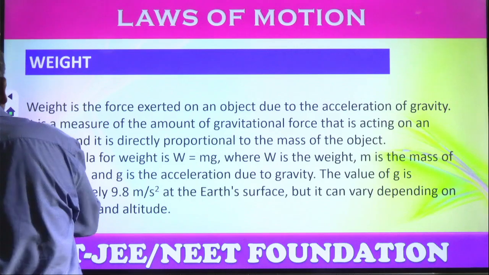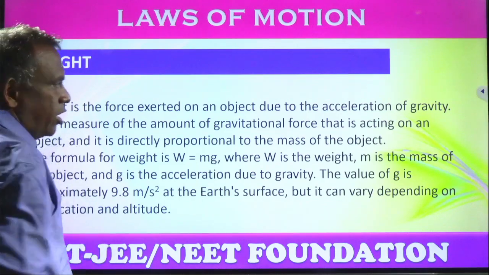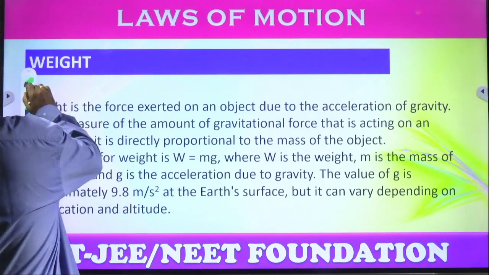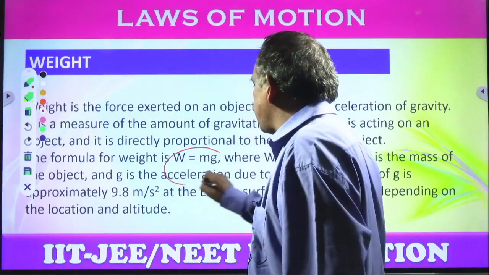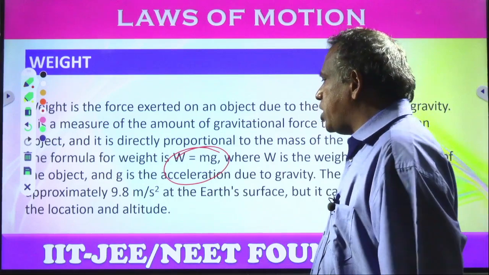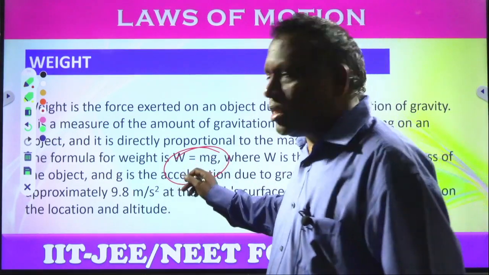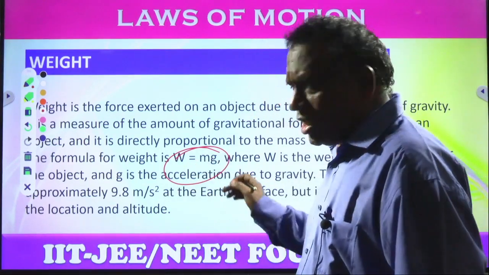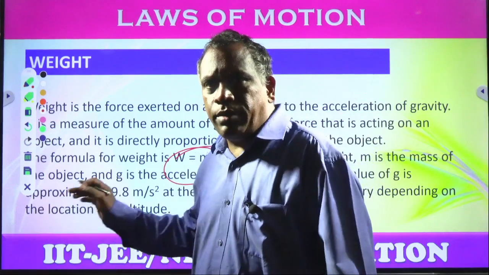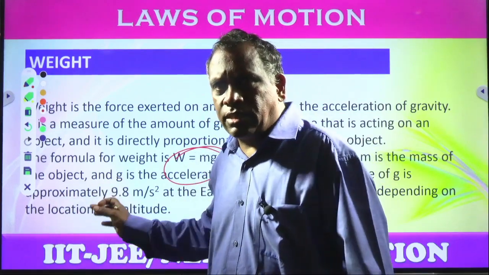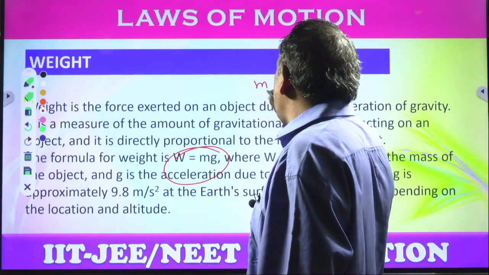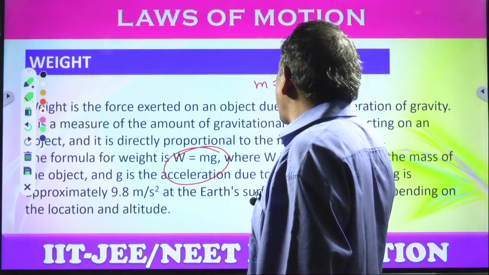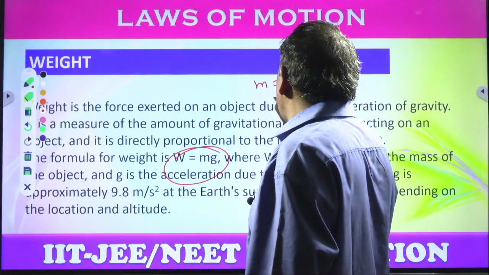Weight equal to mass into acceleration due to gravity, W equal to mg, where m is the mass of the object and g is the acceleration due to gravity. The g value is approximately 9.8 meters per second squared in the MKS or SI system. So m is called mass and g is called acceleration due to gravity.